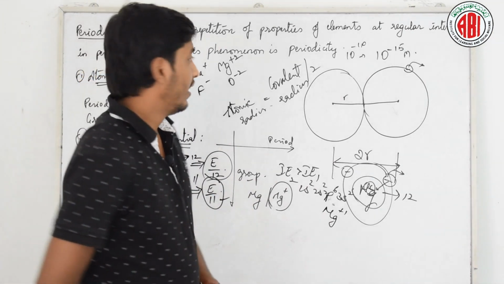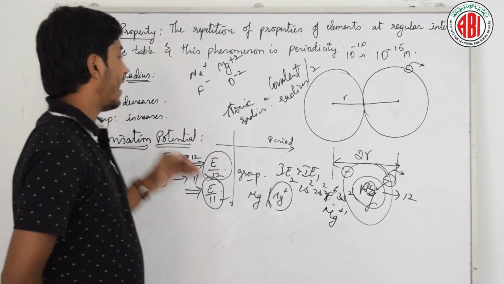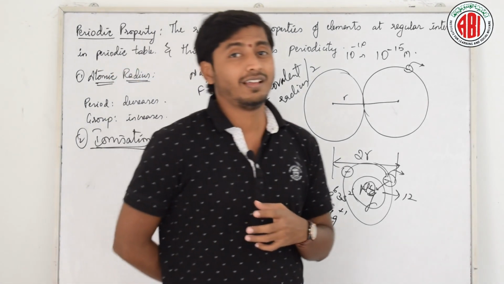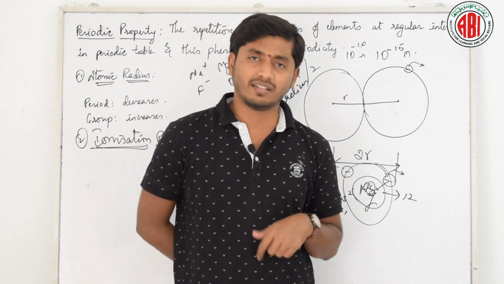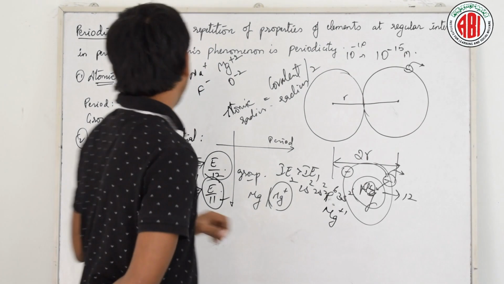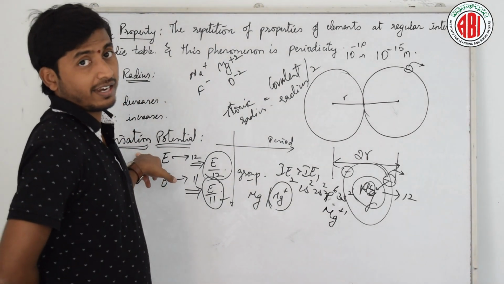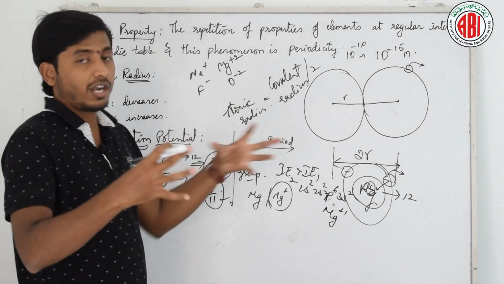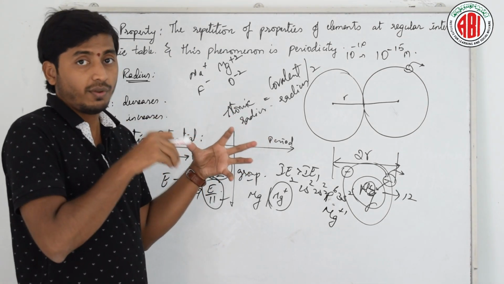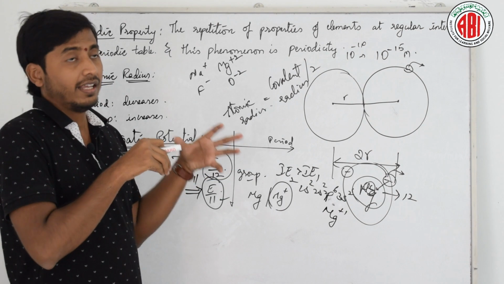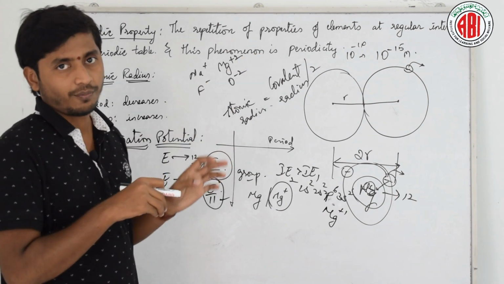Is it clear? When compared to atomic radius, ionization potential varies in a period and group. How does it vary? Usually, as the atomic radius decreases, obviously ionization potential should increase, right? If the atomic radius is more, then the nuclear attraction will be very less, so we can easily remove an electron.